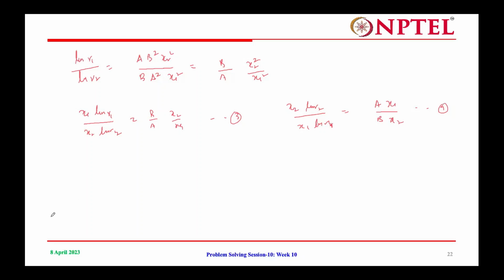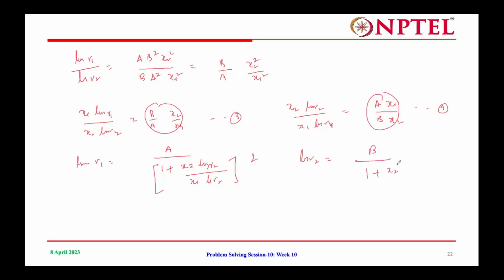Now ln gamma 1 equals A(1 plus ...). So put this value in equations 1 and 2, and ln gamma 2 is equal to B(1 plus x1 ln gamma 1 by x2 ln gamma 2), right?